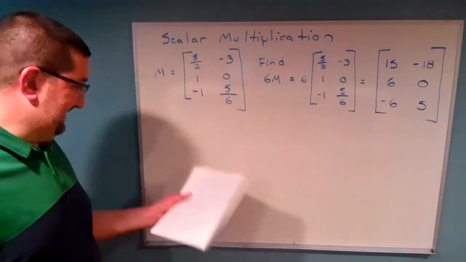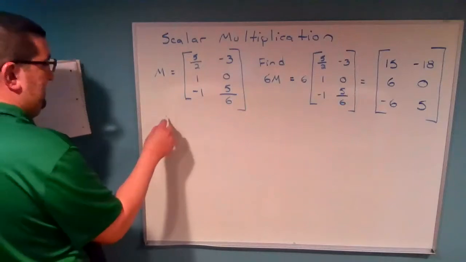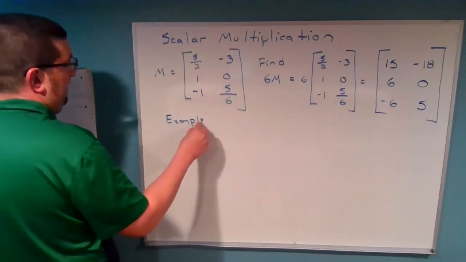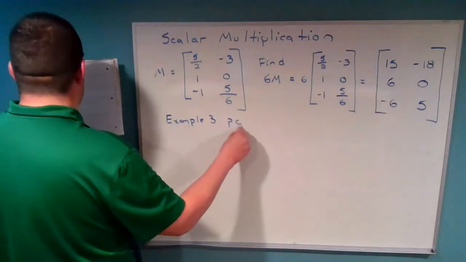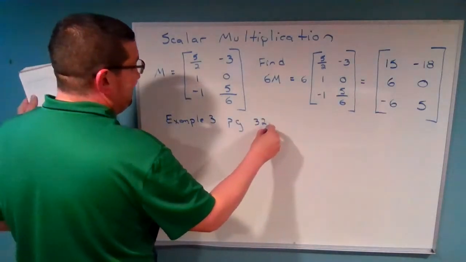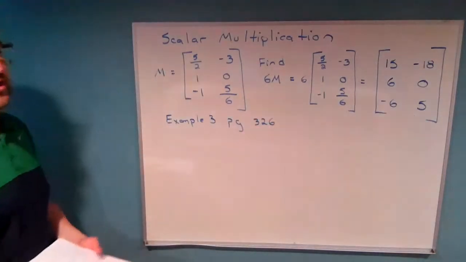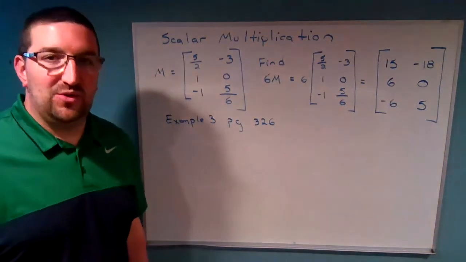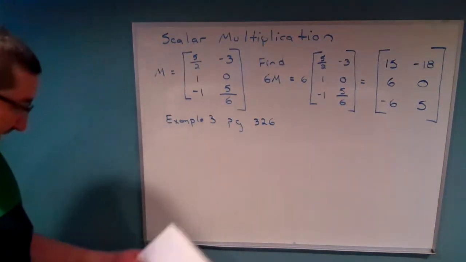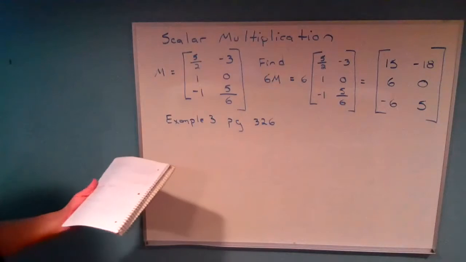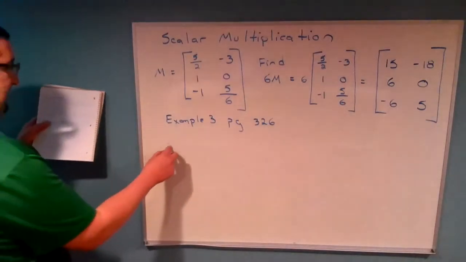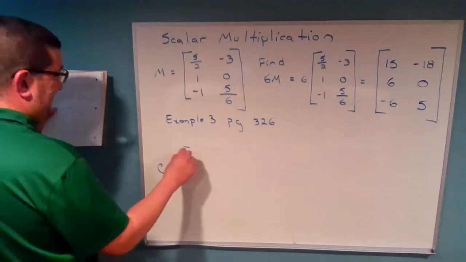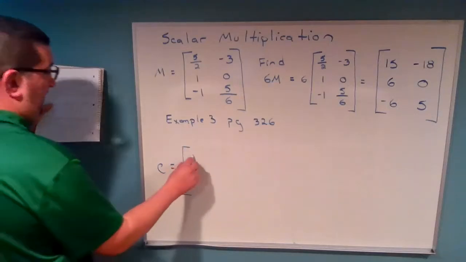So example 3. On page 326 in your book, they are talking about that same auto parts store, the same sales, actually a little bit different matrices. We are dealing with matrix C. So we have Canadian dollars here.